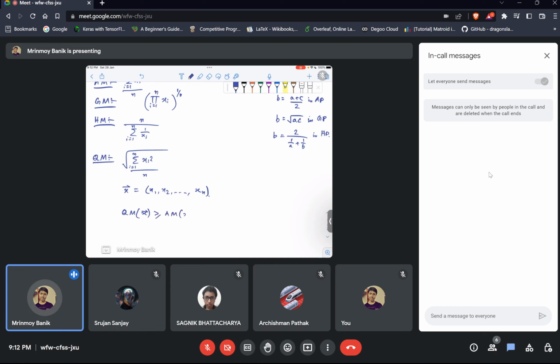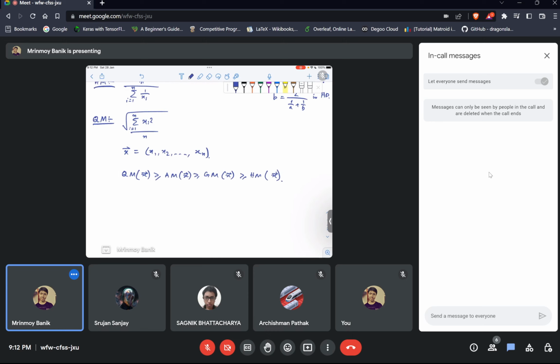It's greater than the arithmetic mean, which is in turn greater than the geometric mean. And the smallest one of them is the harmonic mean. So these are the results. How can we prove these?